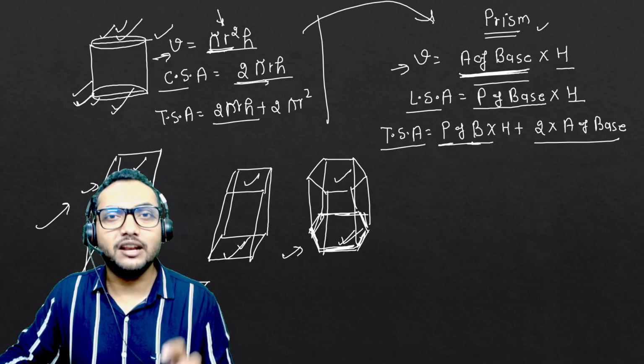If I'm talking about a rectangle and this is the diagonal, how will you find the diagonal? You will say, sir, under root L square plus B square, right? That's it. So diagonal we know it is 10 under root 65.